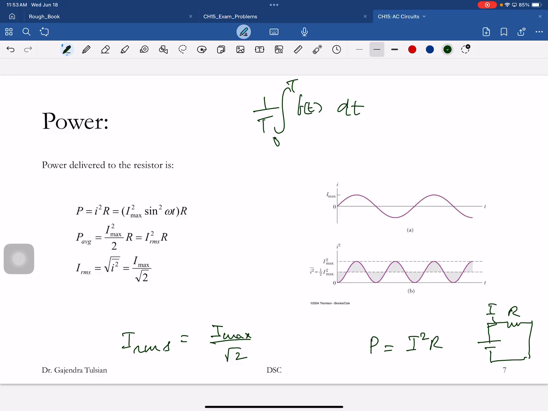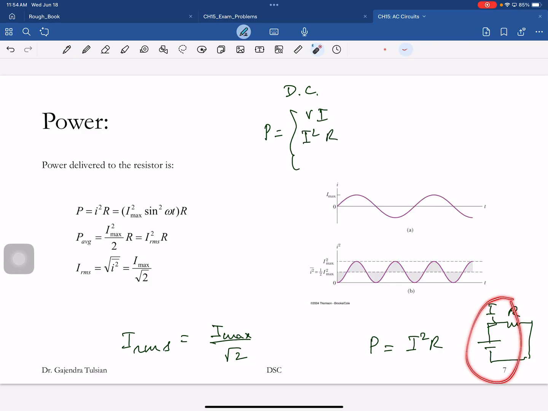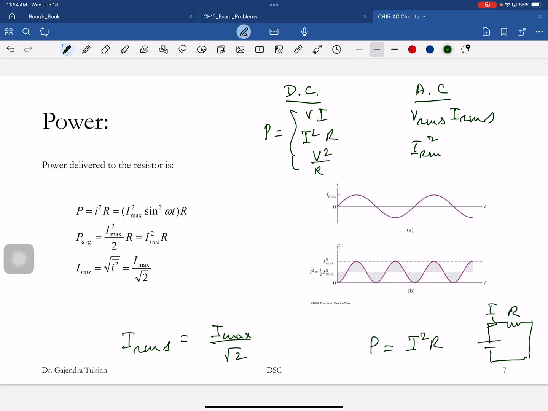So for instance, power for a DC circuit is given by one of three expressions: V I, I squared R, and V squared over R. If you hook a resistor to an AC circuit, the power can be written as V RMS times I RMS, I RMS squared times R, or V RMS squared divided by R. Whatever DC expression you have, you just replace those values by RMS values, and you get the corresponding value for the AC circuit.